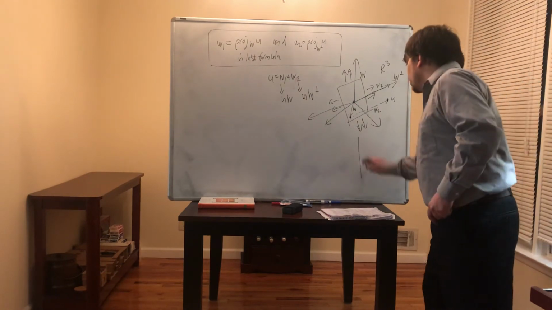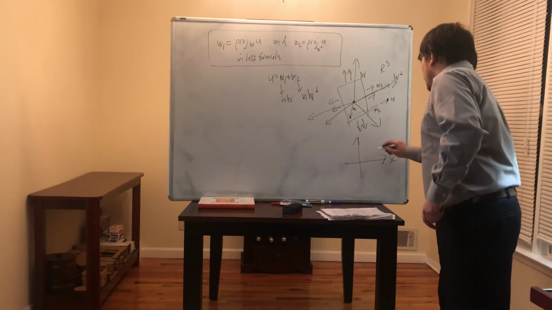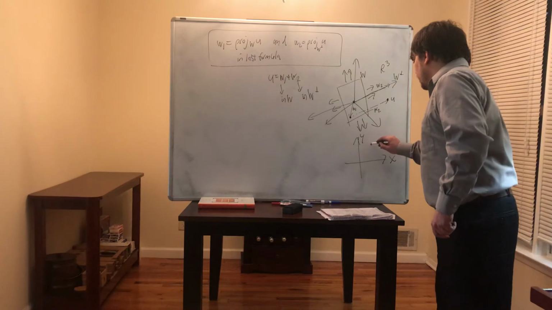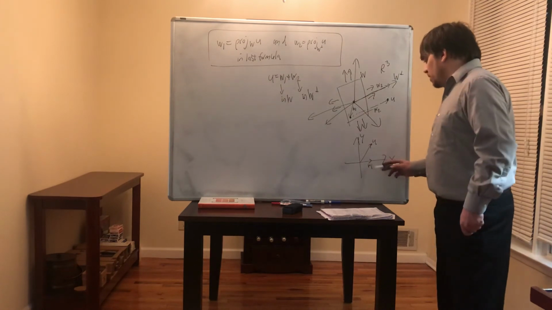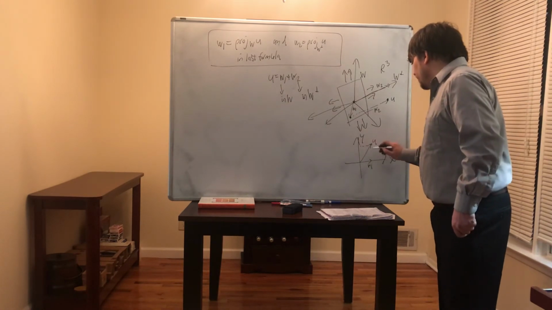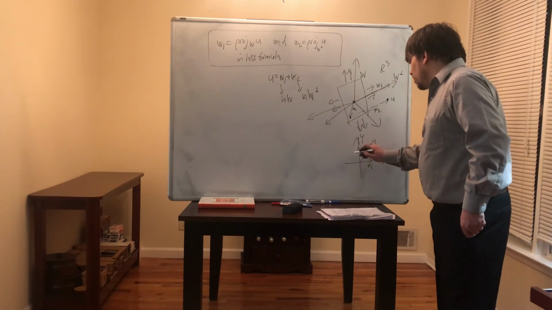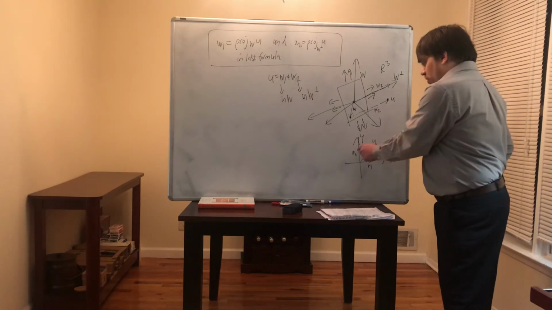It's kind of like in the two-dimensional case, where we had a vector, and if we took this vector, it would be the projection of U onto the x-axis, and if we looked at this vector, it would be the projection of U onto the y-axis.